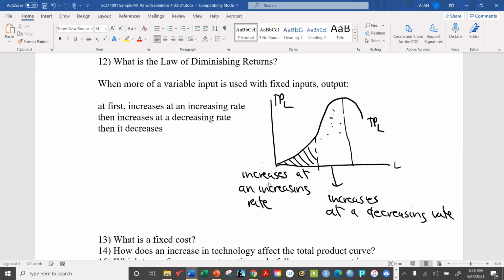I'll give it little dots. How about that? Just to keep it separate from the slashes. And then it decreases.